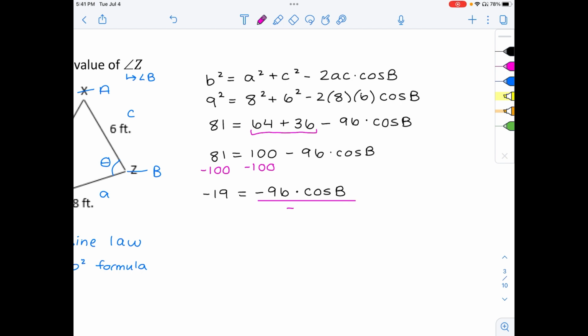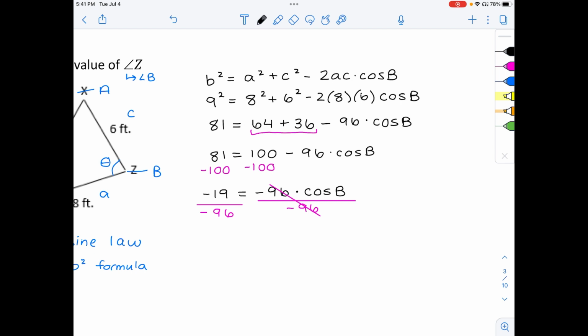So we're dividing by negative 96. That will cancel this out, and that means on this side, we also need to divide by negative 96. So negative 19 divided by negative 96 is going to give you a positive answer. Make sure when you see that, negative divided by negative is a positive.